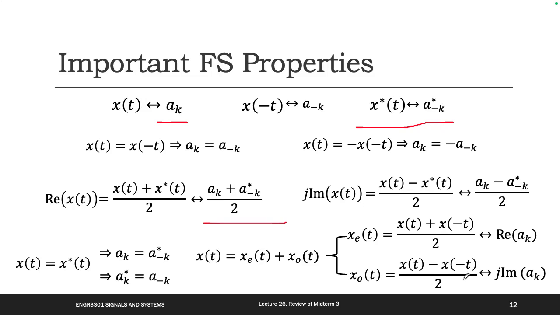Because of those properties. If you try to prove that, you will find you can use those properties. Which means for signals, the real FS coefficient relates to the real even part of the signal, and the imaginary FS coefficient relates to the odd part. That makes sense to you?